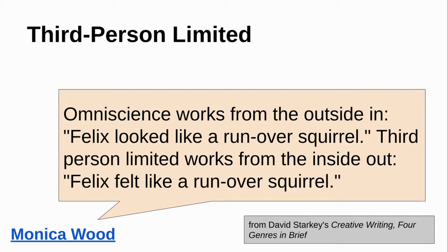So if you write in a third person omniscient, which is all the thoughts of all the characters and all the things that could ever happen, it would sound something like, Felix looked like a run over squirrel, right? So someone outside the character can see what they look like. The third person limited, however, works from the inside out. Felix felt like a run over squirrel. And in this sense, we know what Felix is feeling. Okay.